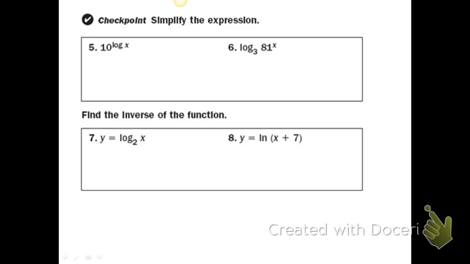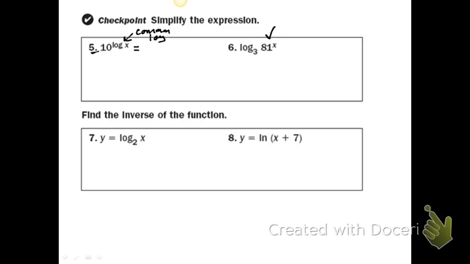Now, what I would like you to do at this point is maybe take a moment and try the following couple problems. It's kind of a little self-quiz. I'm going to give you a little hint on number 5. Remember, this is the common log, and if you forgot what the common log is, go back to the front and you'll know what the base is. If you spend too long on number 5, you're doing it wrong. Look at those inverse properties like f of g of x and g of f of x.